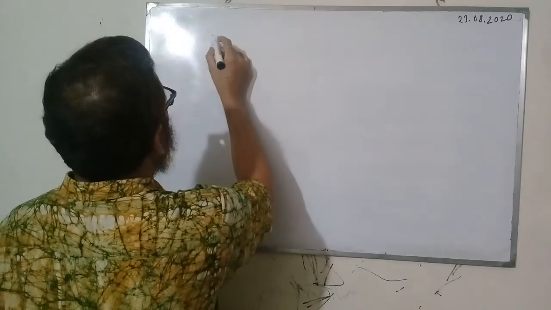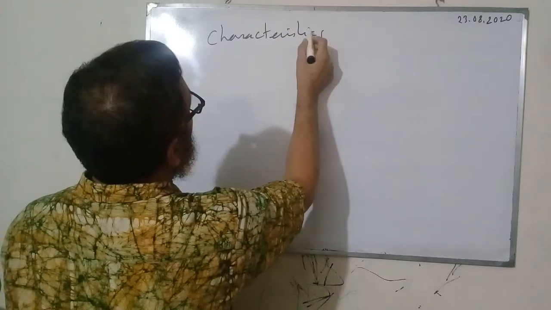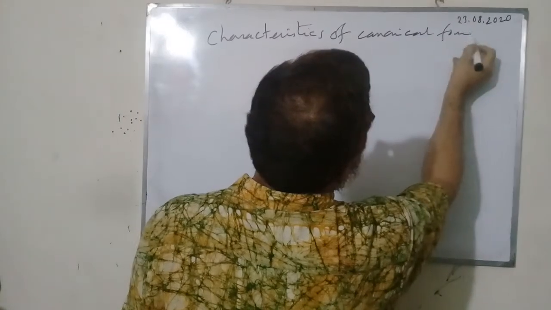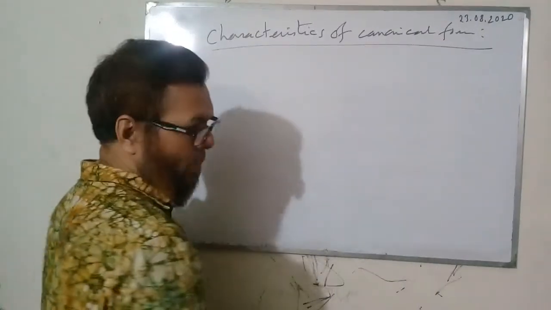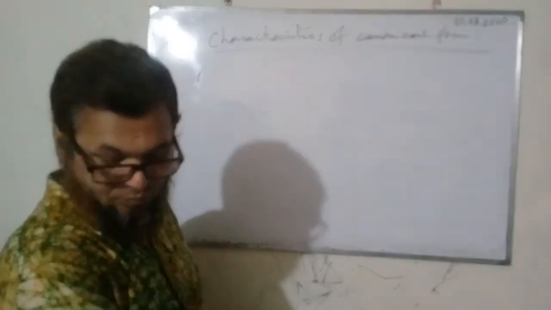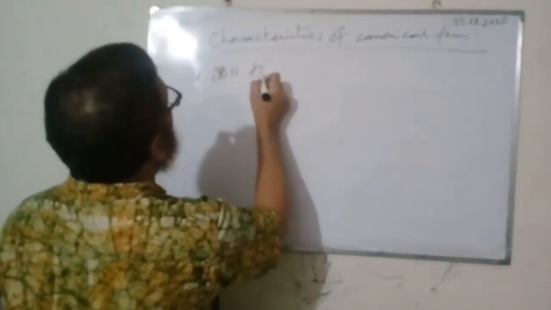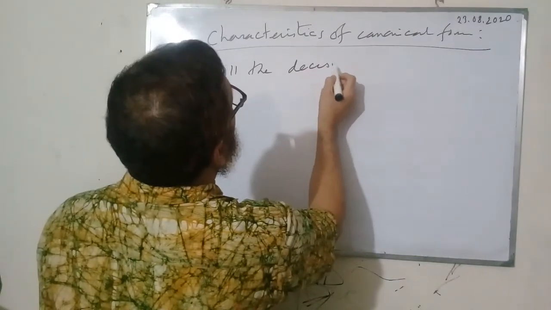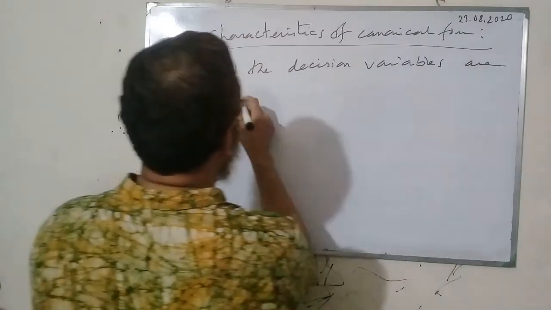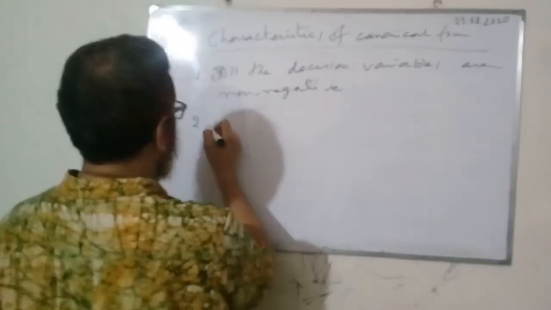Characteristics of canonical form. Number 1, all the decision variables are non-negative.